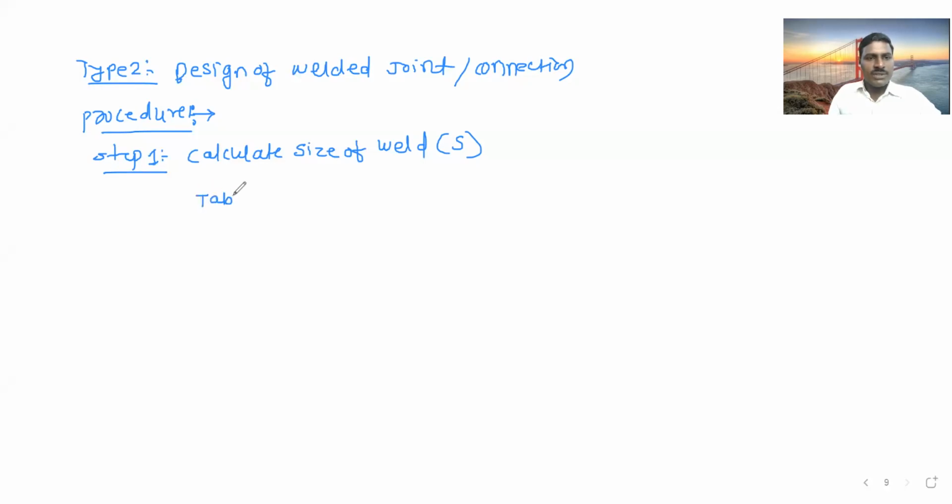For that, what do we have to see? Table number 21, page number 78, IS 800 2007. Correct? On this page, in this table, and by using this IS code. So now you can go. If you have the IS code, go to page number 78. Is this available on page number 78?